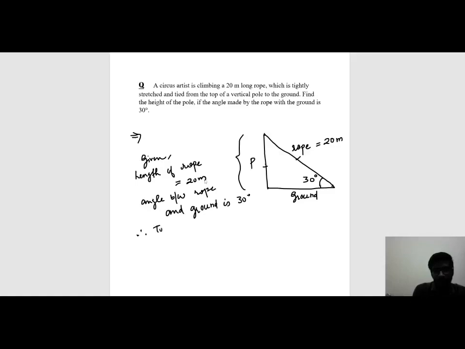Therefore, to find the height of the pole, we know sine theta is opposite side divided by hypotenuse.